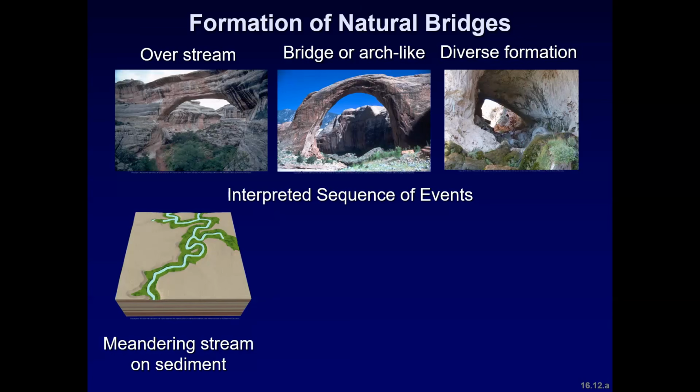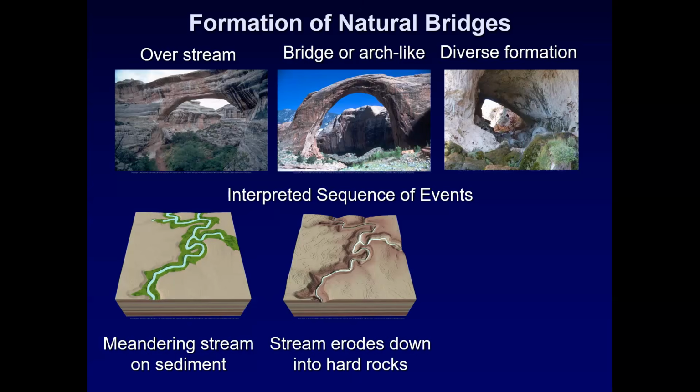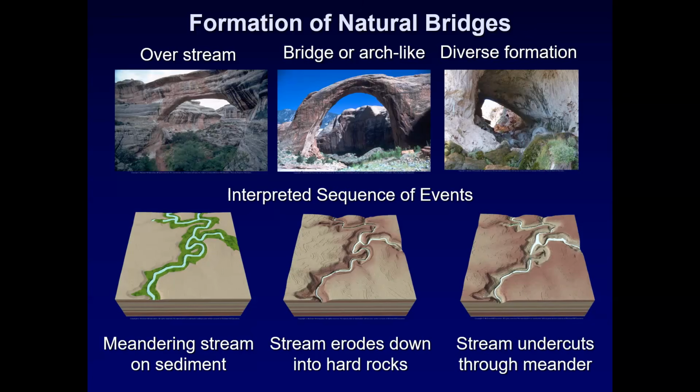Streams erode to form deeper canyons, like as in an entrenched meander. Eventually, some of those meanders are cut off by the stream, forming an abandoned meander. And the stream erodes only at river level, so a natural bridge forms. You can kind of see that here.